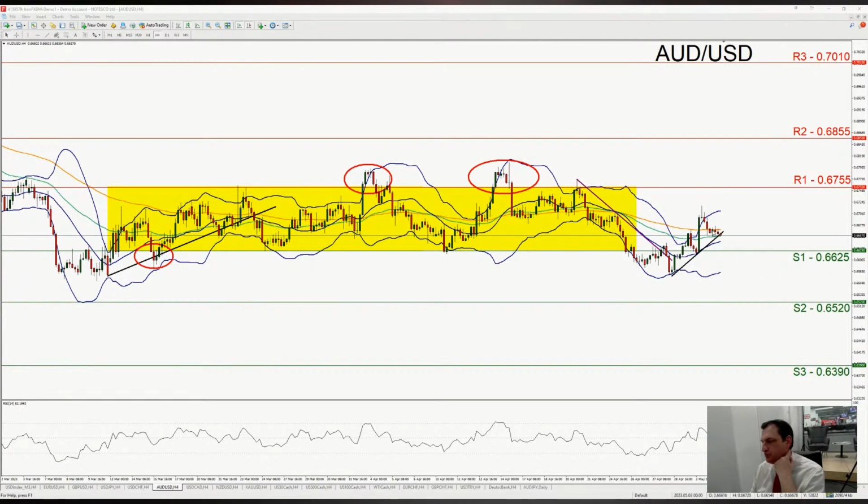Note that the pair has reached, after a nice downward movement over the past 24 hours, a make or break position. It's currently testing the upward trend line we had just drawn yesterday. And should it be breached, we may see the pair stabilizing, possibly just above the 0.6625 support line.